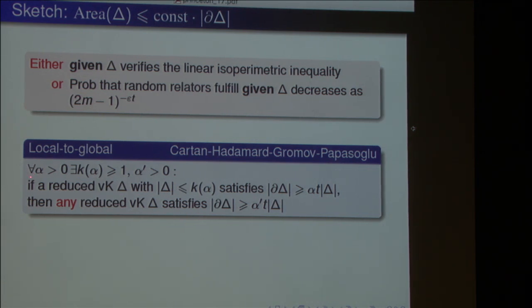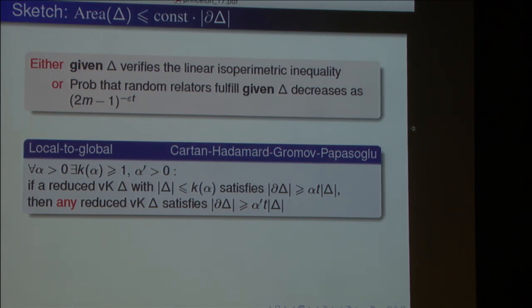So for every alpha, there exists some constant k of alpha, depending on alpha, such that if every reduced Van Kampen diagram with at most k of alpha faces satisfies a linear isoperimetric inequality, then any reduced Van Kampen diagram satisfies it, but probably with a different constant.